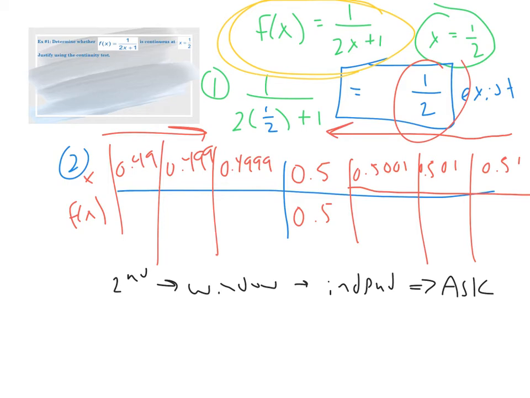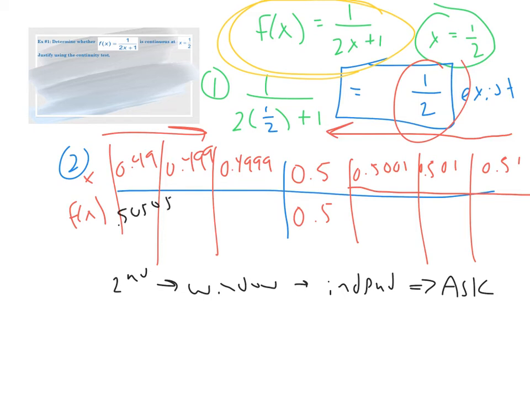So let me just enter this into my y equals here real quick. 1 over 2x plus 1. If I enter an x value of 0.49, I'm getting 0.50505 for my y value.